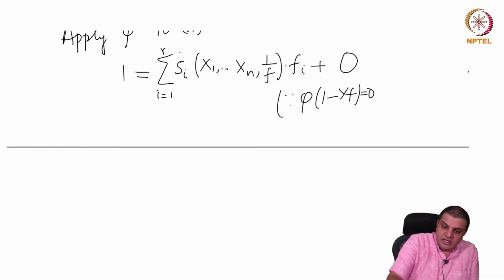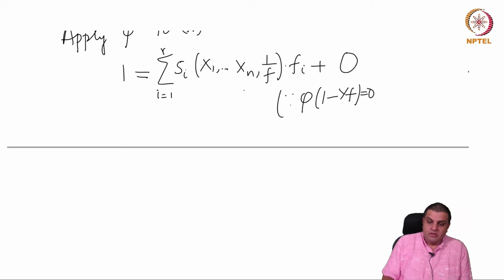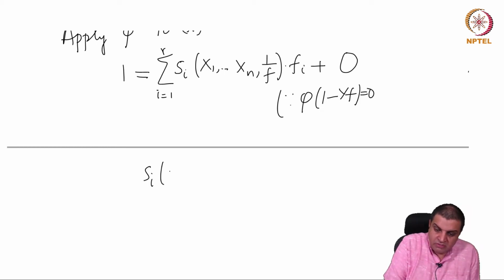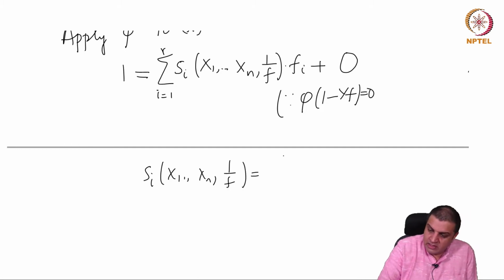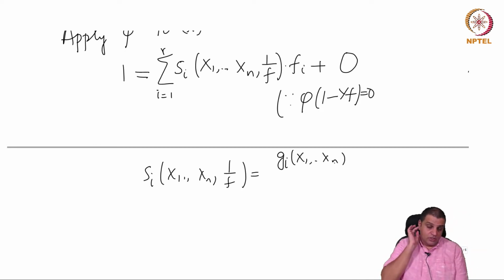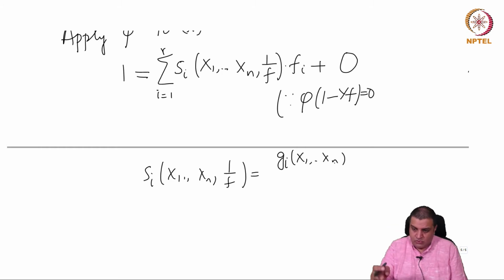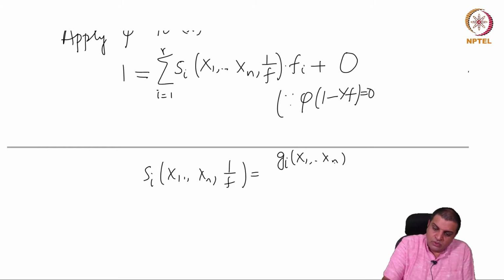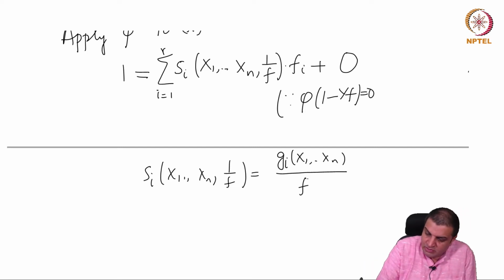So Si of x1 through xn, 1 over f will look like some polynomial, some gi of x1 through xn. Remember, fn also involves only x's. So when we write this out in the expression of the polynomial and clear denominators, we will get some f to some mi.